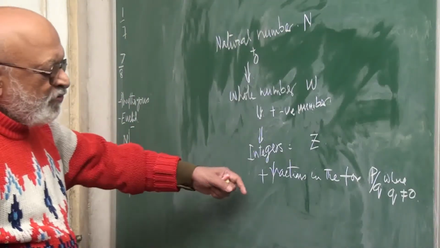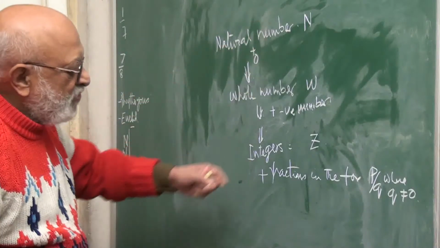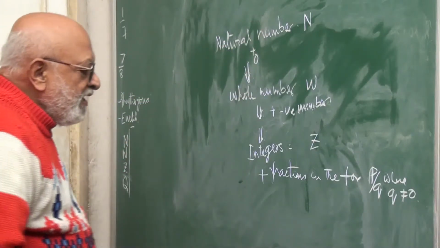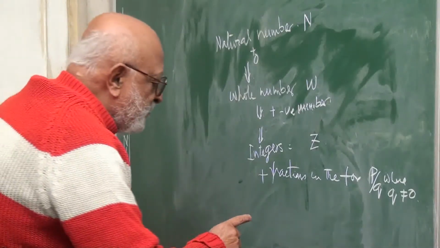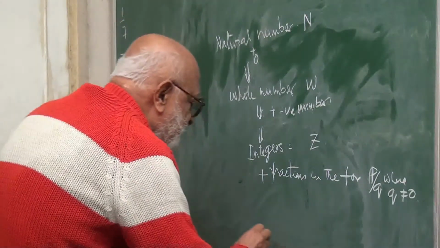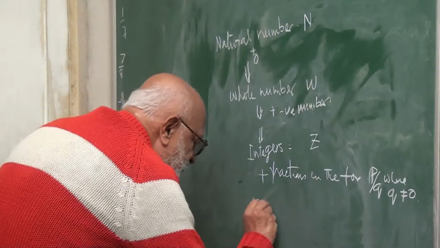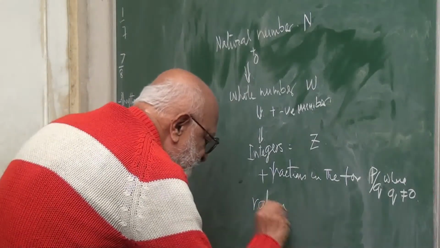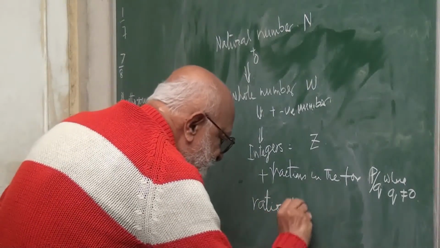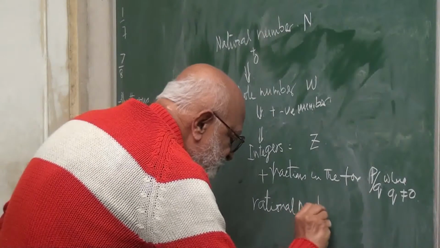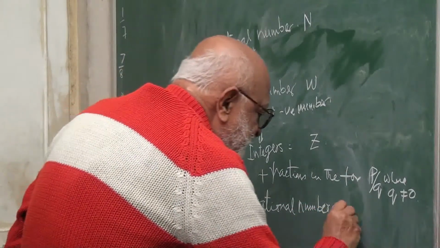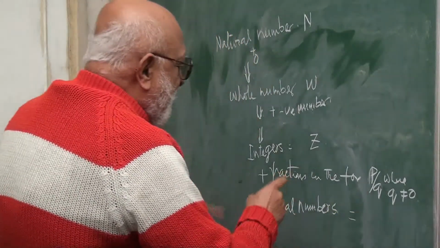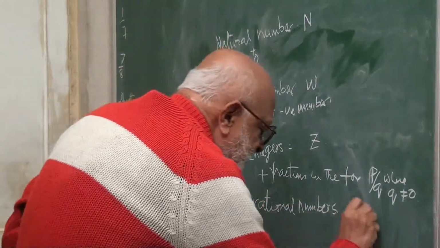We call this Q, so this is called rational numbers. This we indicate as Z, and this we indicate as Q.